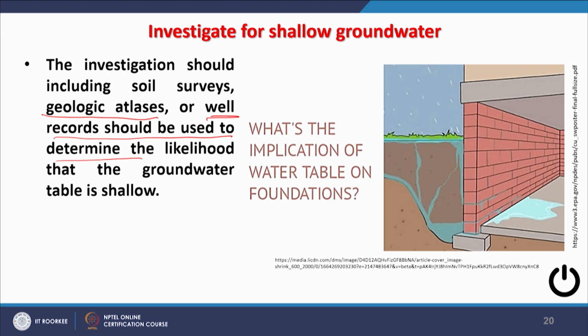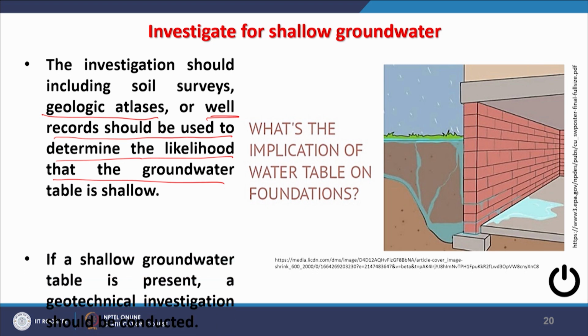So, how water fluctuates, if that is available, then we can determine the likelihood of the groundwater table being shallow or not, or becoming shallow in certain months of the year during monsoon or not. That kind of analysis and investigation can be done, and such salt crust, salinization, or pollution to water bodies or aquifers can be avoided.